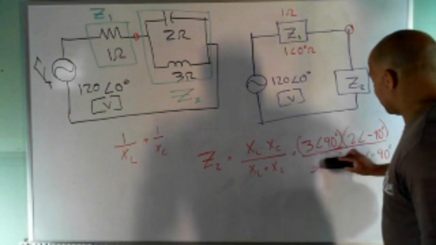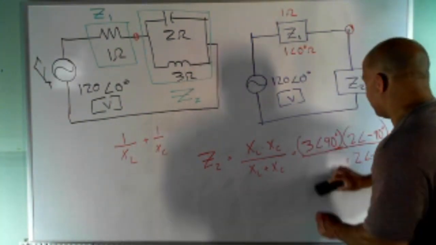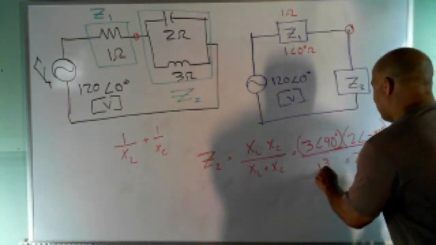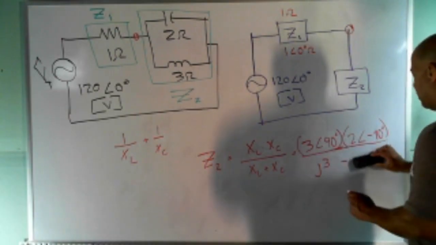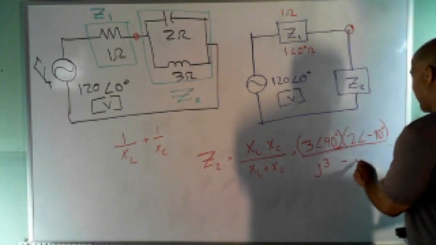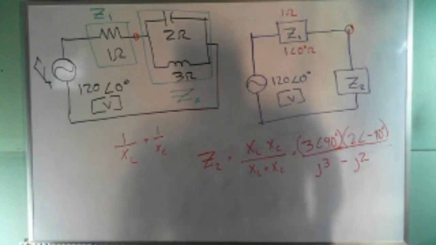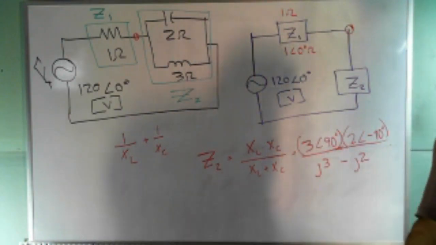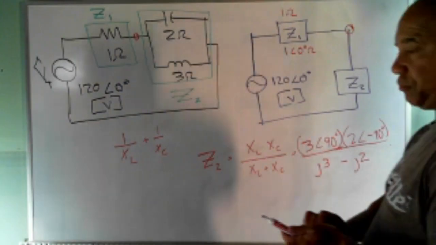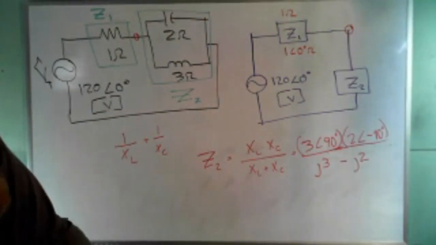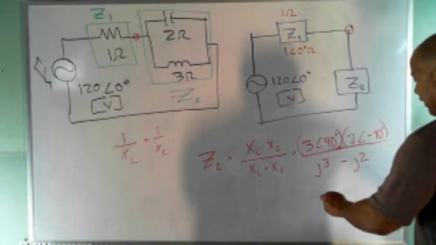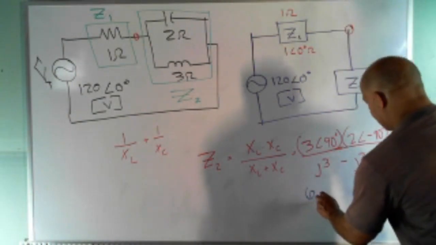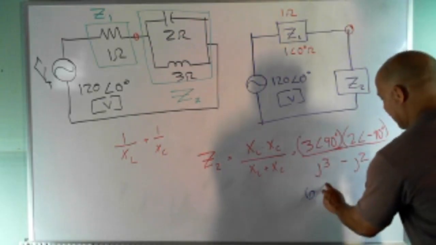So I'm going to change that to a J3, and this will be a minus J2 if I convert it over. So on the top, when I do my math, multiply those complex numbers. 3 times 2 is 6. If I add the angles, I get 0.